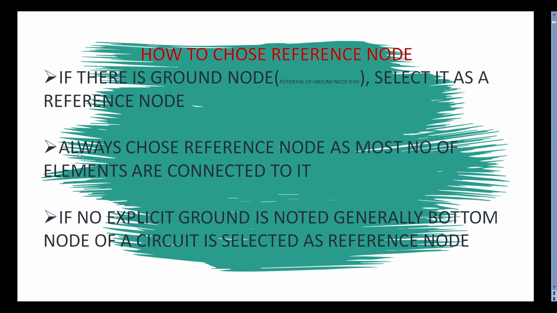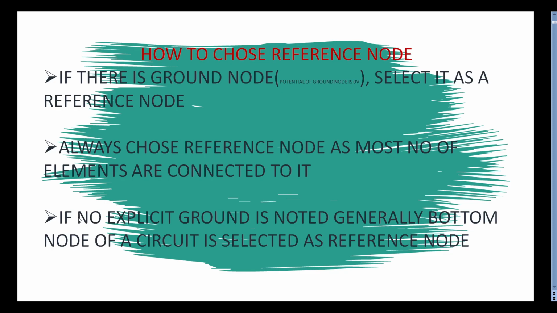What is step 2? While choosing the reference node, always choose the node to which the most elements are connected. In a circuit, the node which is connected to more elements, that node you select as the reference node.